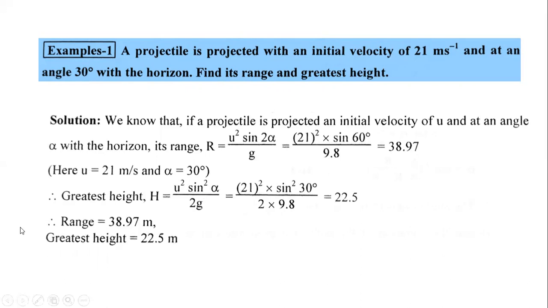Similarly, if we put the values of u, alpha and g, we get 21 square into sine square 30 degree by 2 into 9.8, because the initial velocity is 21, the angle is 30 degree, and g equals 9.8. After calculation, we get 22.5.